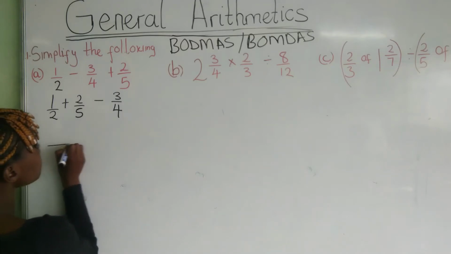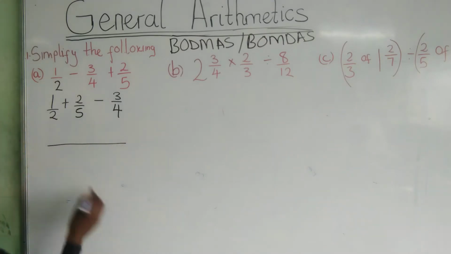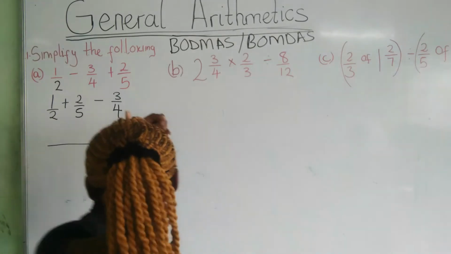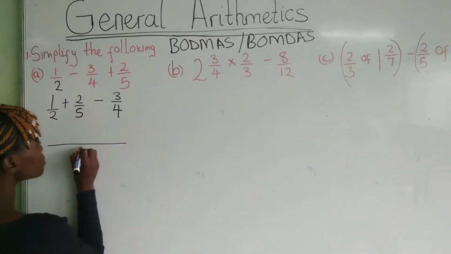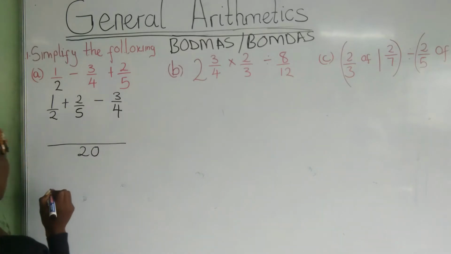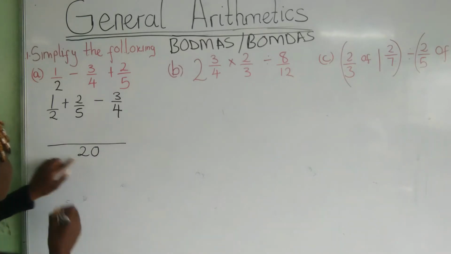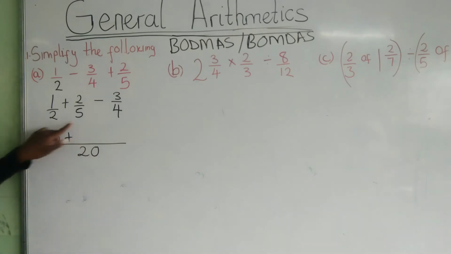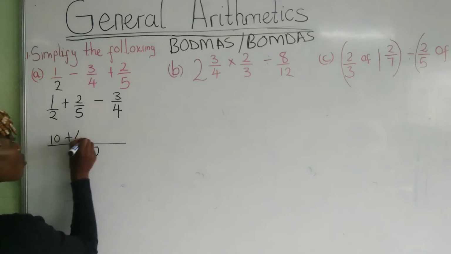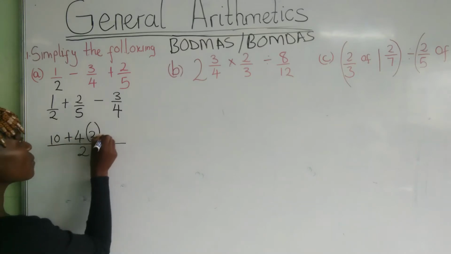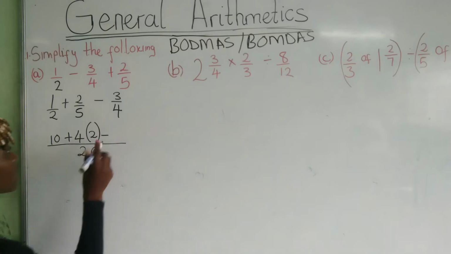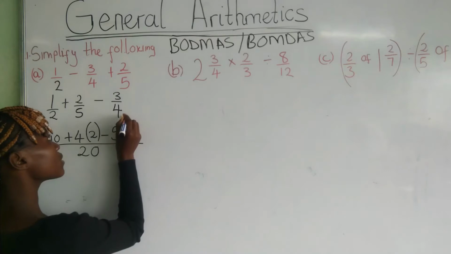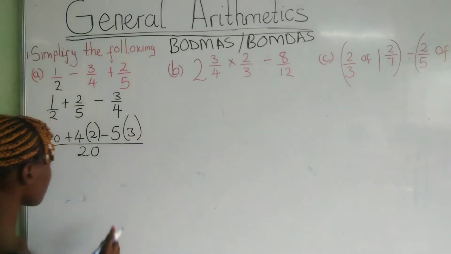I'll create a division line and we determine our lowest common multiple for this first part. This should be 20, right? So 2 into 20 is 10, times 1, giving 10, plus 5 into 20 is 4, times 2, giving 8, minus 4 into 20 is 5, times 3, giving 15.